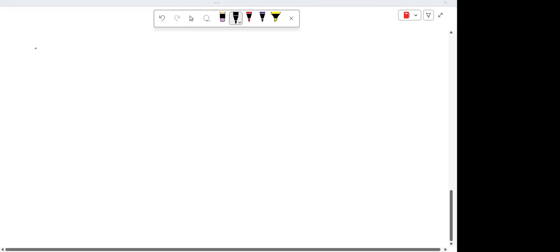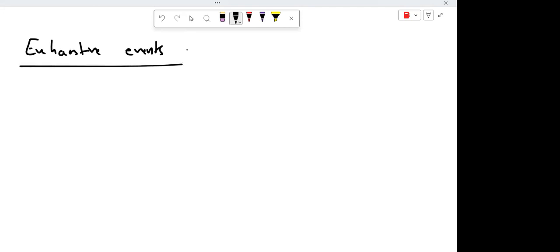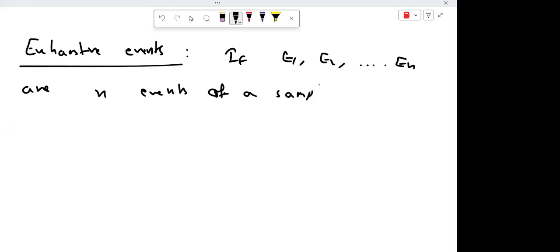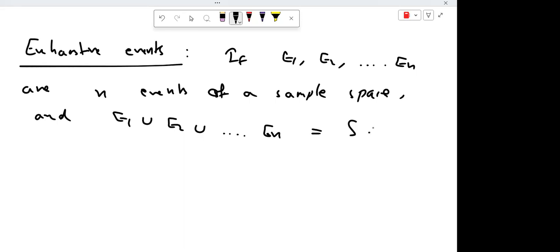Exhaustive events. If E1, E2, ..., En are n events of a sample space and E1 union E2 union ... union En results in the sample space, that means you can get the whole sample space when you take the union of the events, then they are called exhaustive events.